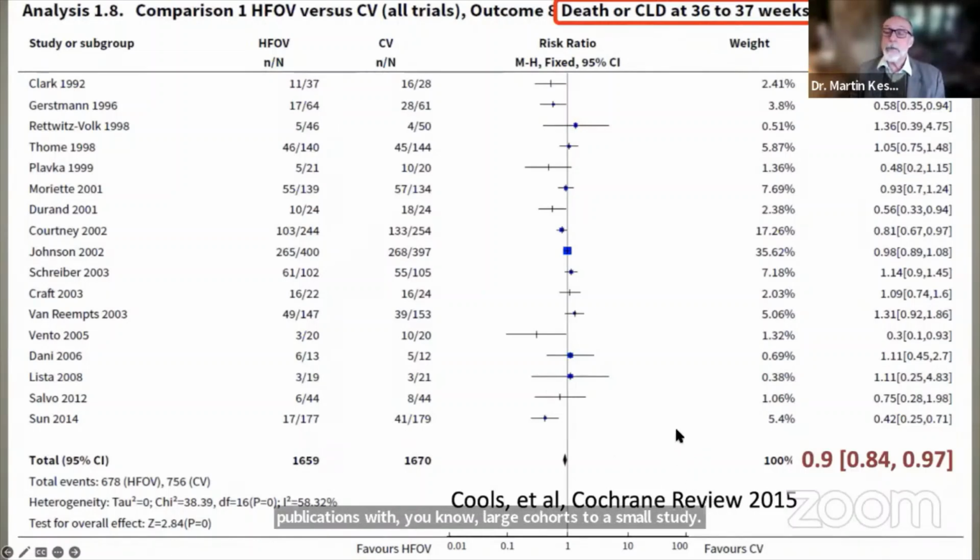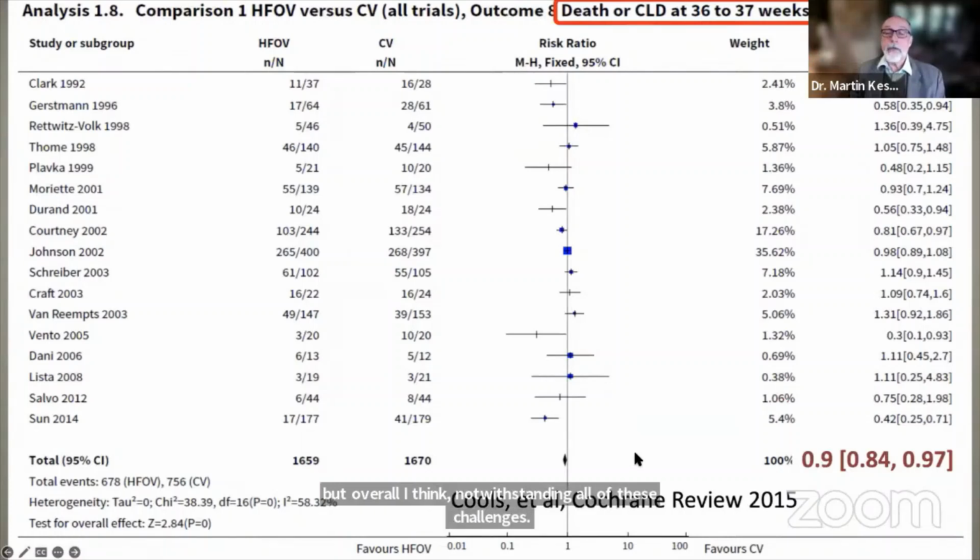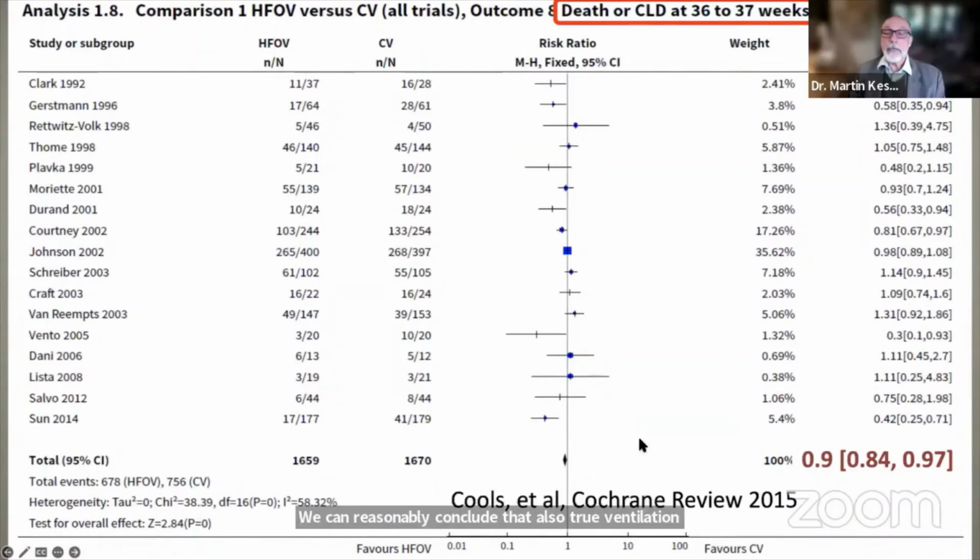So there are some issues, but notwithstanding all of these challenges, we can reasonably conclude that oscillatory ventilation, when used appropriately, in experienced hands, in the right population, using the right strategy, will improve outcome.